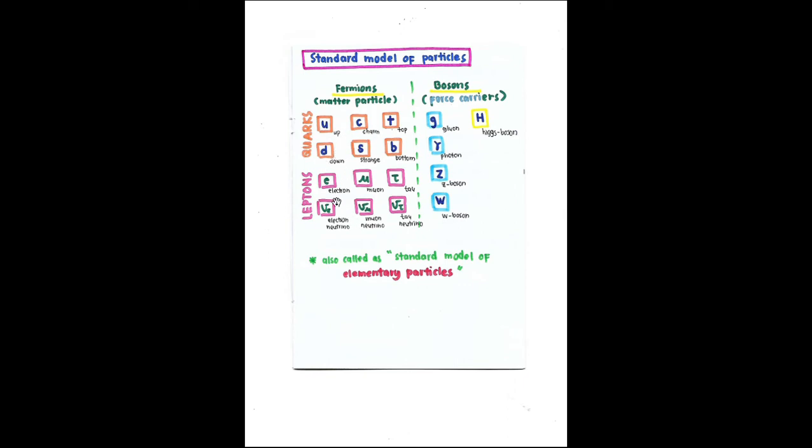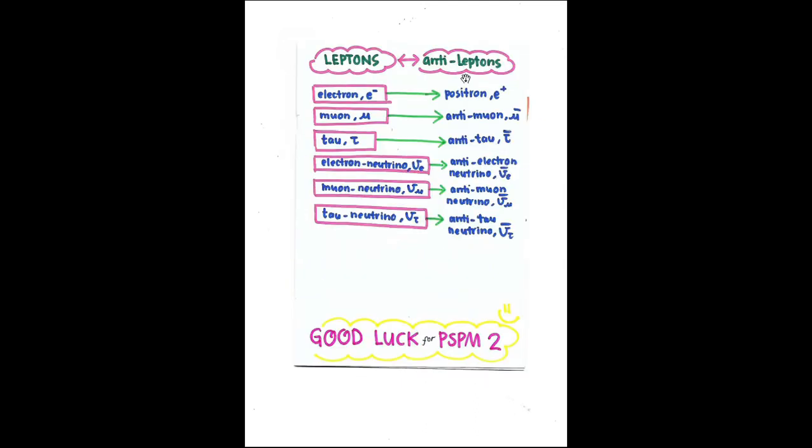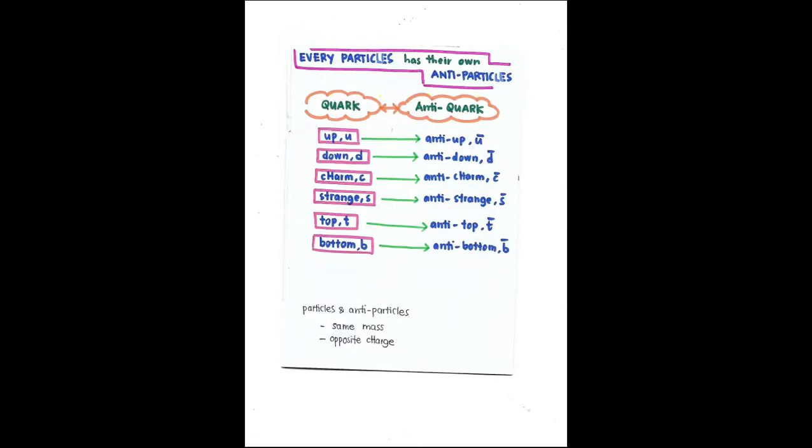Each one of these actually has its antiparticle. For quarks, we call that an anti-quark, so you need to memorize the anti for that one. For leptons, we have anti-leptons. For example, the anti-quark for up is actually anti-up.